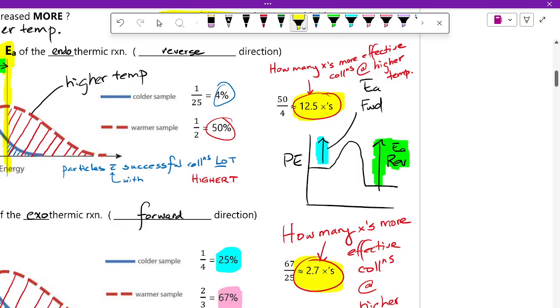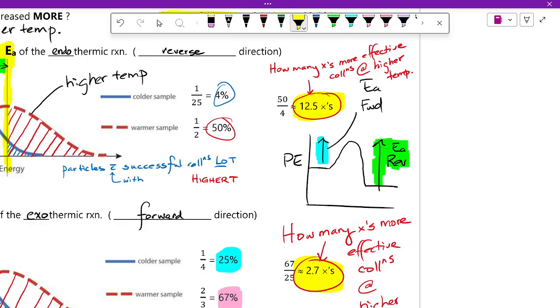In which situation did we have the bigger effect? Did we have the bigger effect for the endothermic reaction or the exothermic reaction? Endothermic.